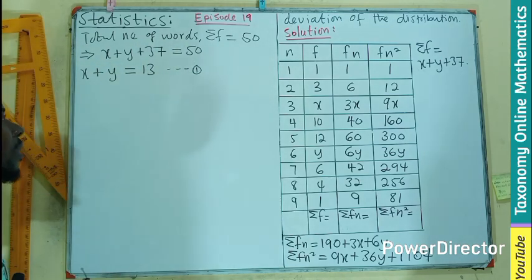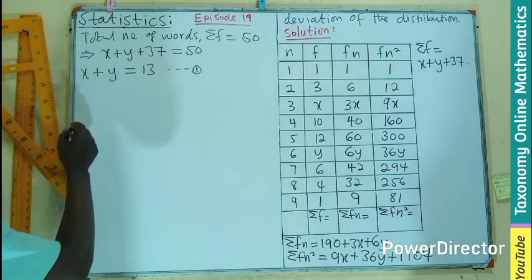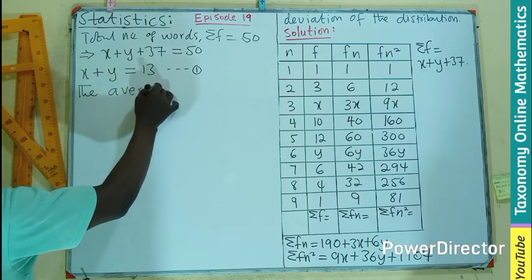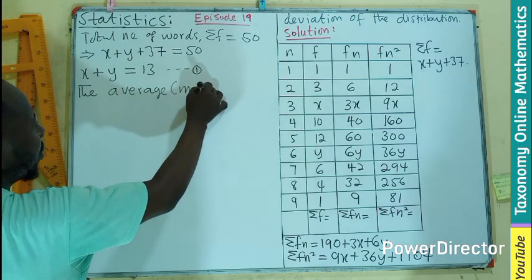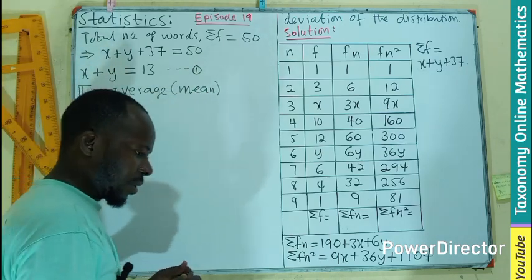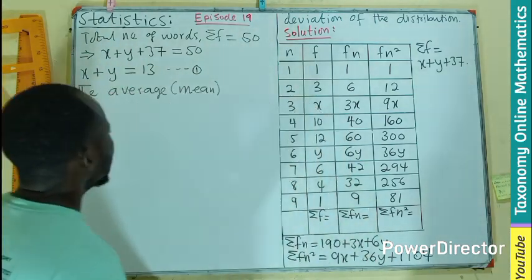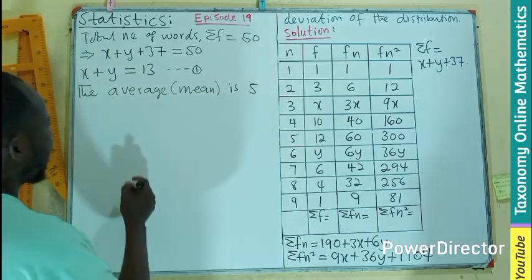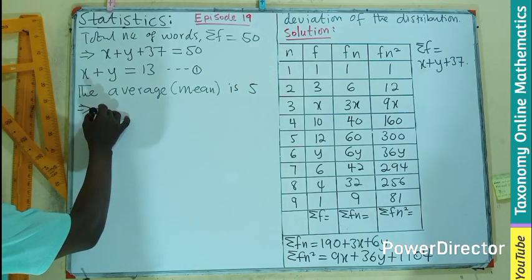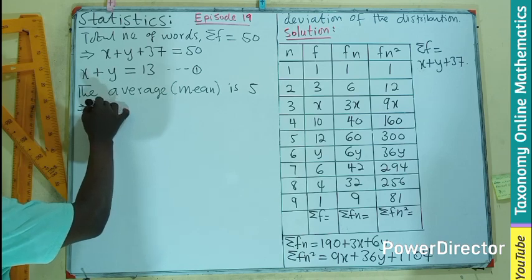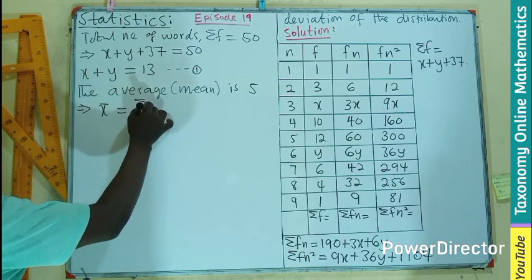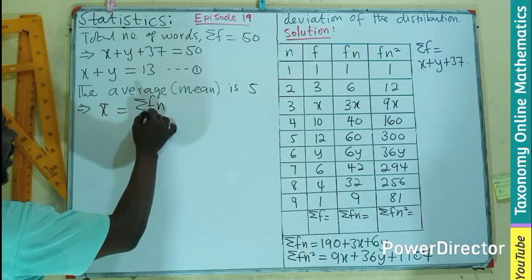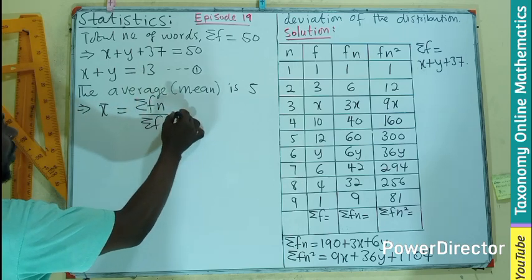And the mean, or the average, is also given as 5. That also implies that the mean equals sigma fn over sigma f.